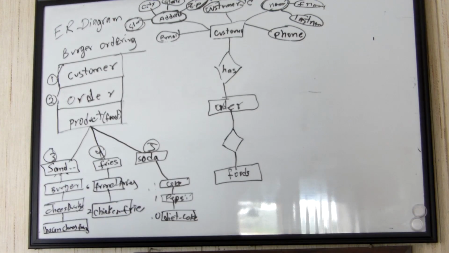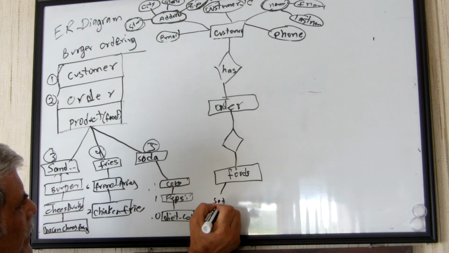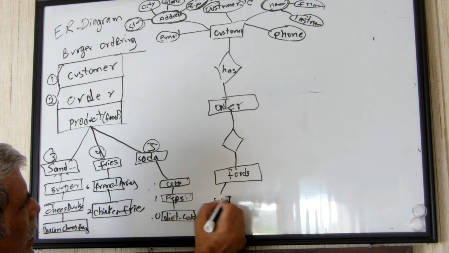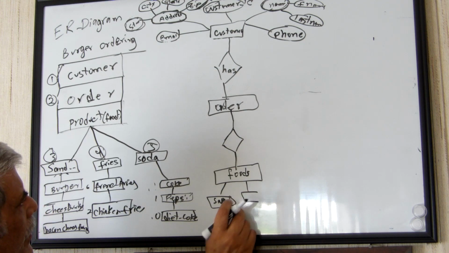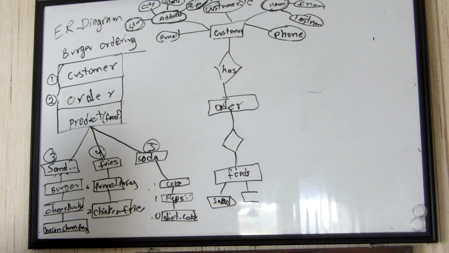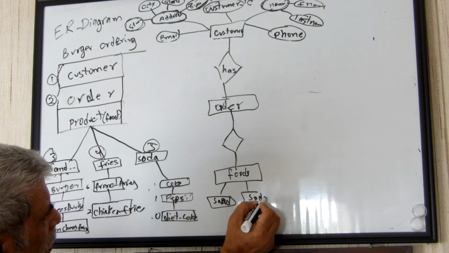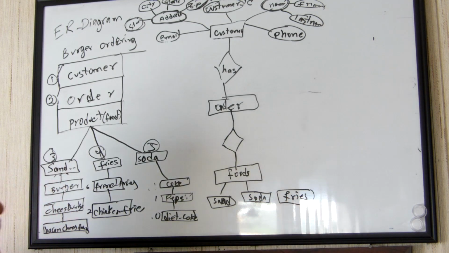Then we have foods of different kinds: the sandwich, then we have soda, and we have fries.